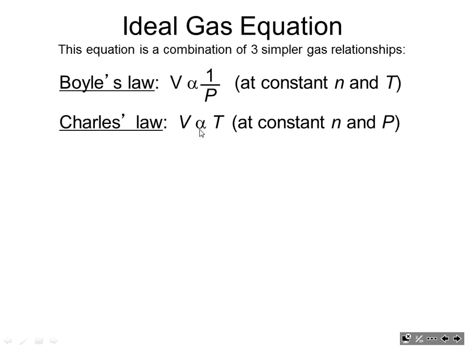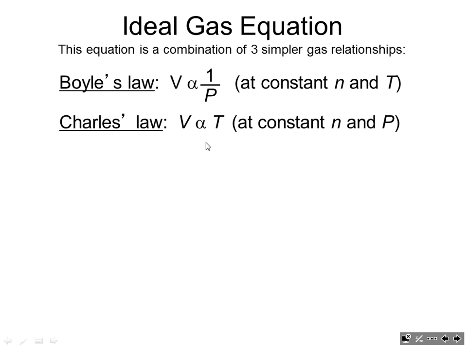The second one is Charles' law. Yes, that's Boyle's law, if we have the constants. What it is, it's a Greek alpha, okay?